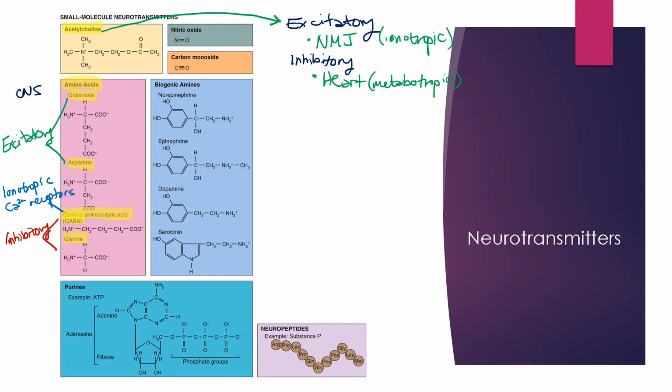Then on the right here, we have the biogenic amines. These are going to be modified amino acids. So things like norepinephrine, this plays a role in arousal, which is awakening from deep sleep. It also has roles in dreaming and regulating mood.